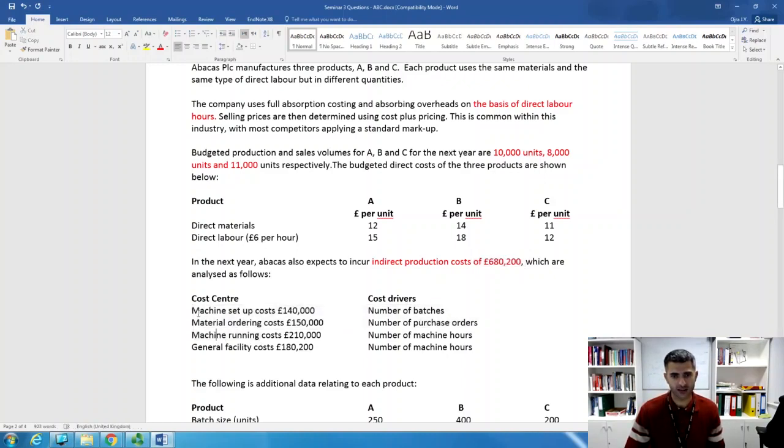These are the activities, and these are the cost drivers. For example, if we talk about machine setup cost, the cost driver is number of batches here, number of batches. I know some will say, oh right, the machine setup cost might be number of machine hours. It depends on the question, but the question here clearly specifies it's number of batches.